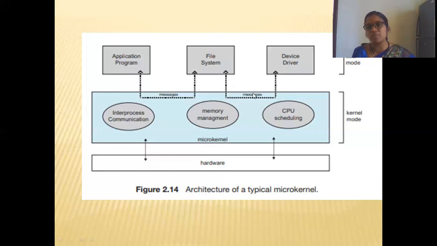A message from one user program to another user program, one application to another application, is done by making use of message passing. So this is differentiated as user mode, whereas this is differentiated as kernel mode. Whenever this communication requires any access to the hardware, it will make a system call. It is done through a system call.